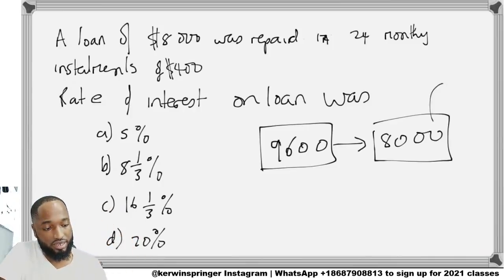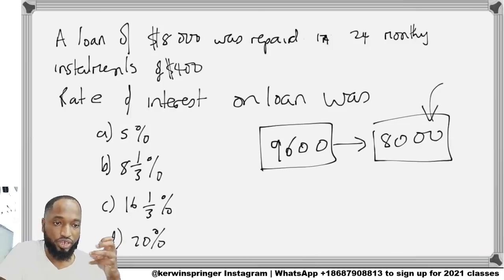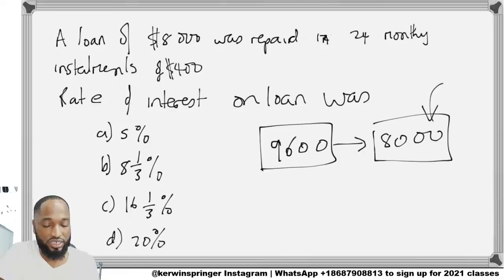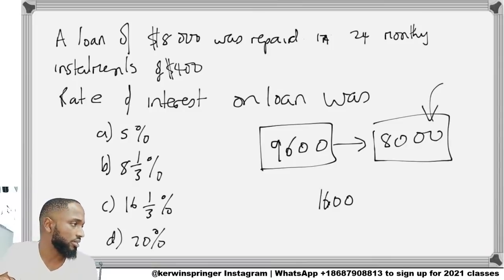So this is like the principal, the loan you take out. You end up paying an amount of 9,600. So your interest is actually 1,600. And the interest is split evenly. You understand what I say?